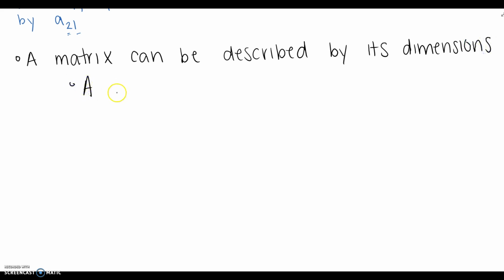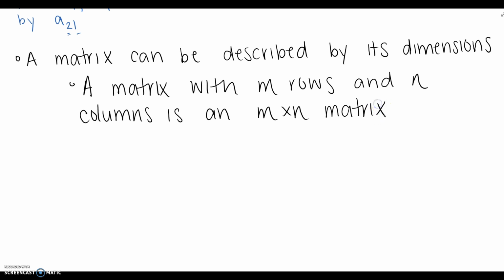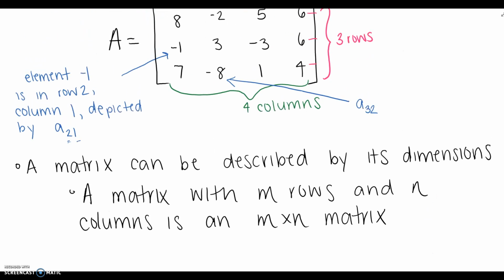A matrix with m rows and n columns is an m by n matrix. So the matrix we did above had 3 rows and 4 columns, so it's a 3 by 4 matrix.